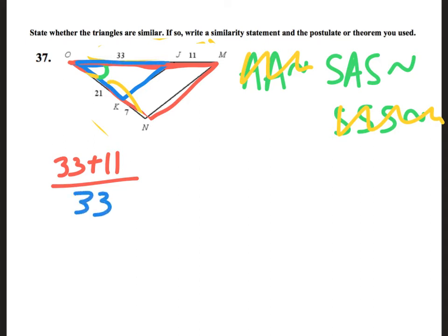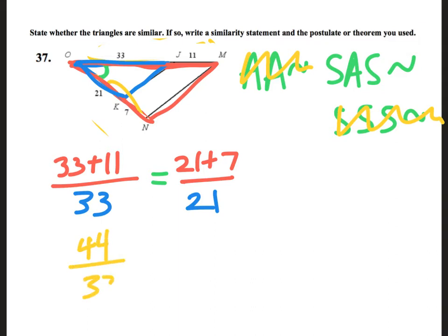And we want to see if that's equal to my entire red length again, 21 plus 7, divided by the little blue one, which is just 21. If I do 33 plus 11, I get 44 divided by 33, and we want to see if that's equal to 28 divided by 21.